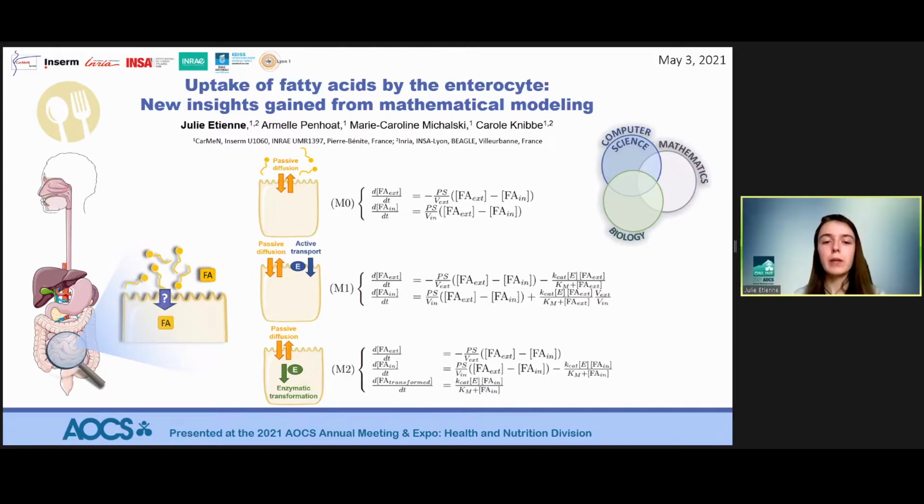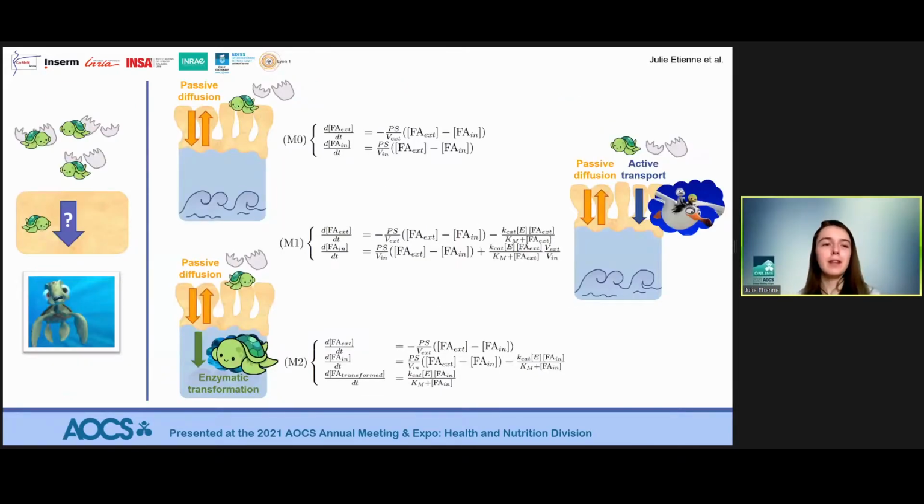To make this a bit clearer, we could imagine fatty acids as baby sea turtles getting out of their eggs, and we wonder how they cross the beach in order to reach the sea and find other sea turtles. So do they cross the beach alone? This will be model M0.